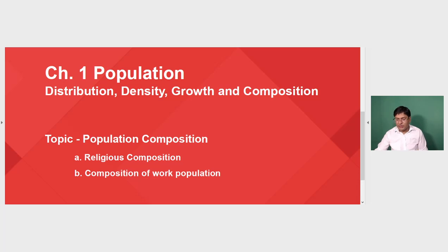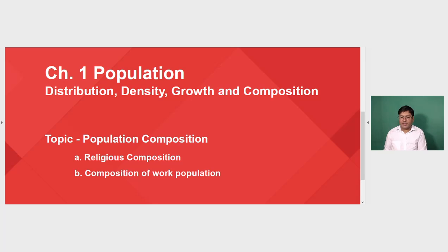In this composition, we study about how the people are divided or how the people follow various religions. And we see that based on the religion, there are particular areas which are highly populated by a particular religion.